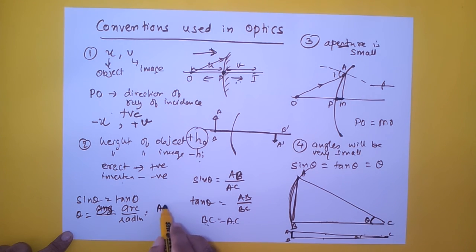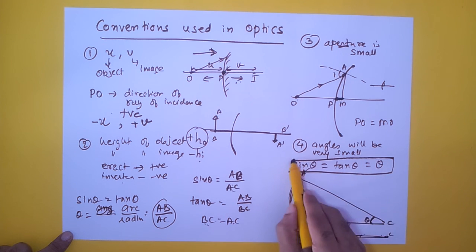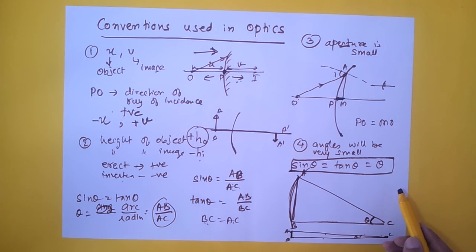Radius is the distance from C to B, and we know BC is equal to AC, so I can take this as either AC or BC because both are nearly equal, since this distance is extremely small. So theta also turns out to be AB upon AC, and therefore we take sine theta equal to tan theta equal to theta.